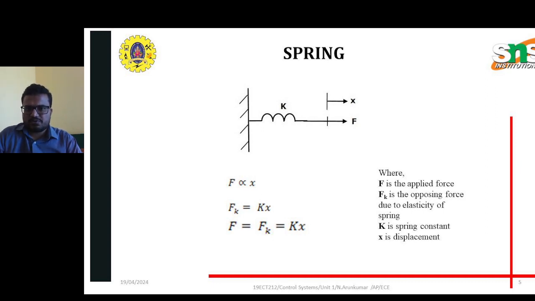So Fk equal to k into x. If you give more force to the spring, then based on the acceleration, it moves towards the other end with vibrations.